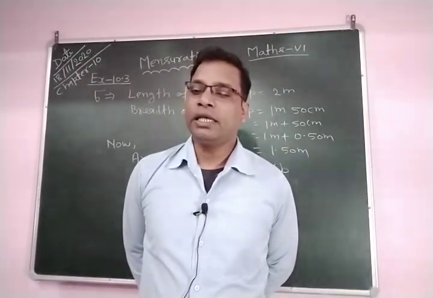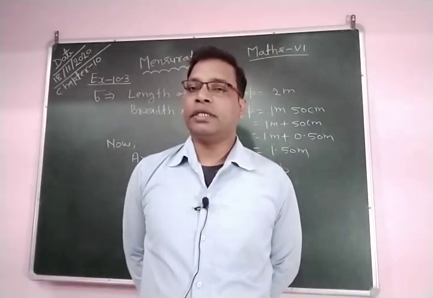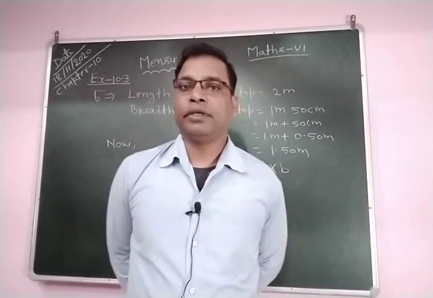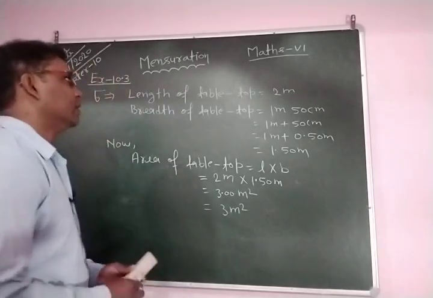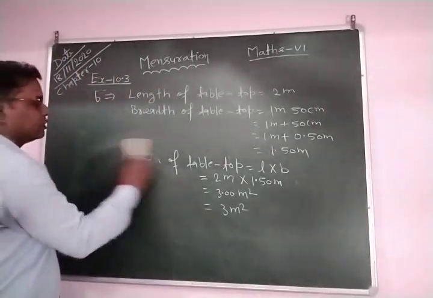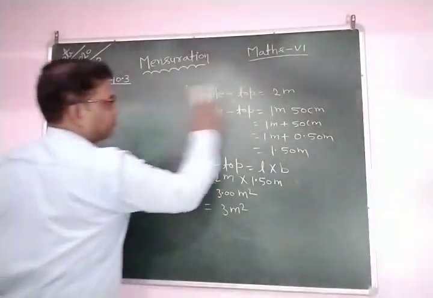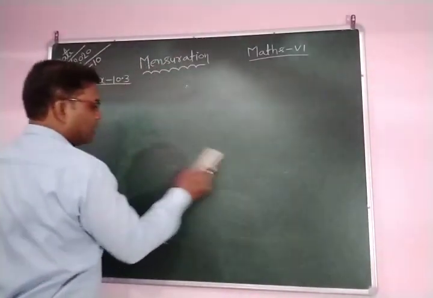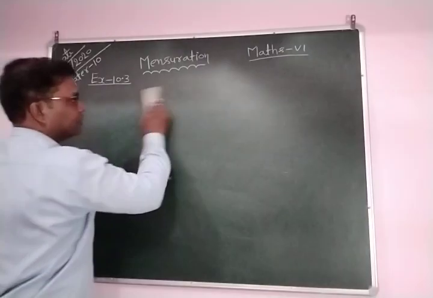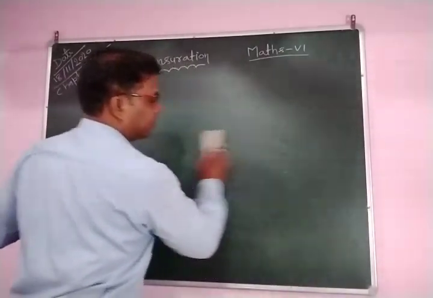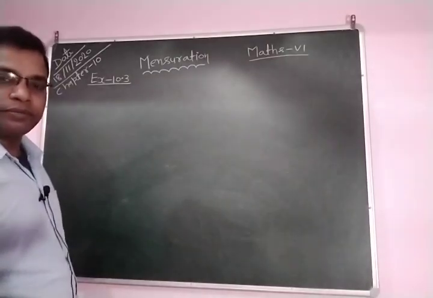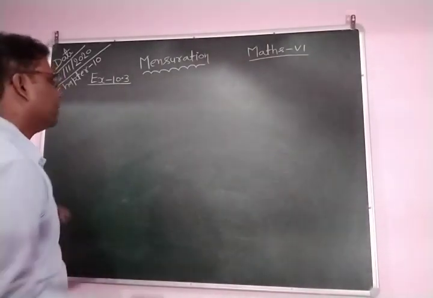If you multiply, then you obtain the area of the floor of the room. So let's see how we can solve this question. In this question, first a room is given and the length of the room is also given, 4 meter. The breadth of the room is given here.